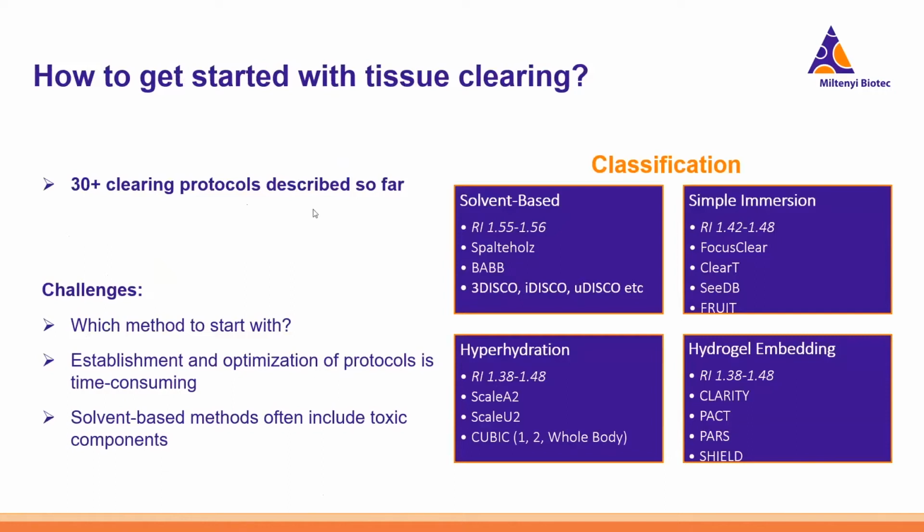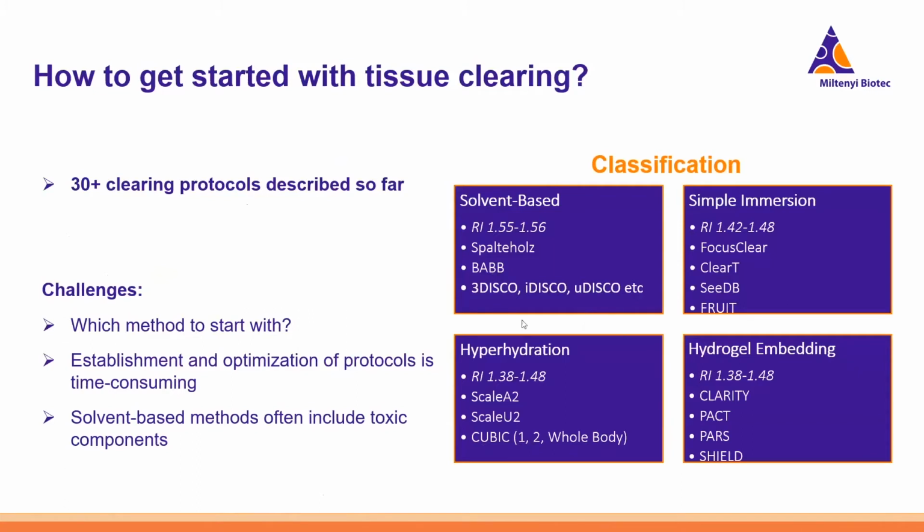Principally, they can be classified in 4 different families: the solvent-based family, and very famous representatives are members of the DISCO protocols. There are also simple immersion techniques, hyperhydration, where CUBIC is one of the most famous protocols, but also hydrogel embedding. CLARITY is very famous here.